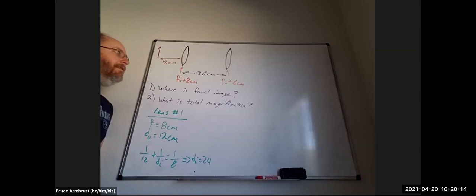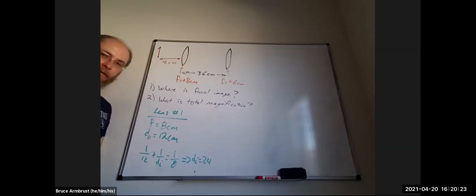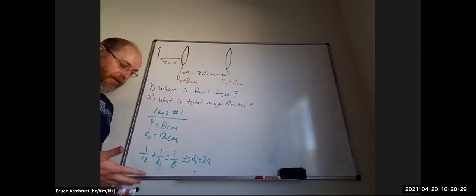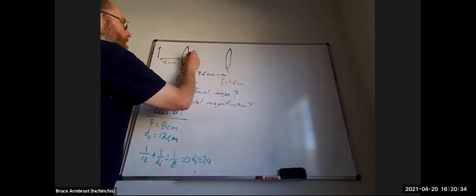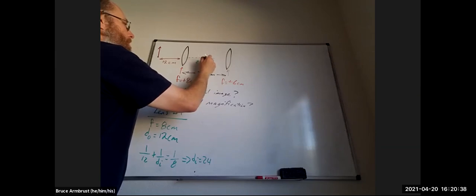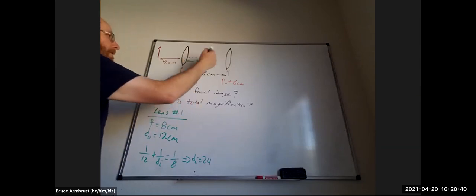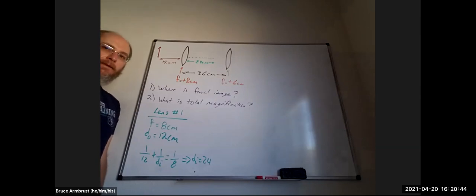So where is that image? If it's a positive image, which side of this lens is it on? All right, so Ralph just put in the chat box on the other side. So the image is going to be located 24 centimeters on the other side of the lens.